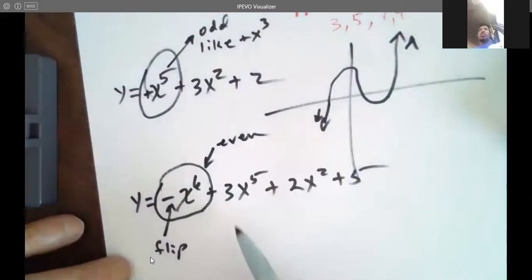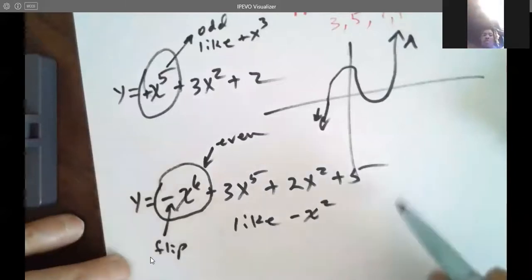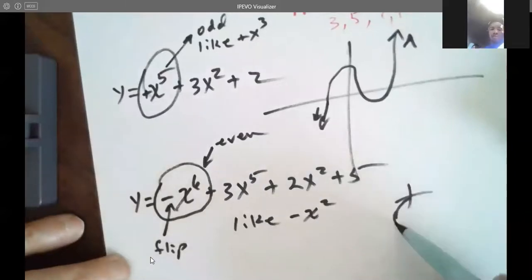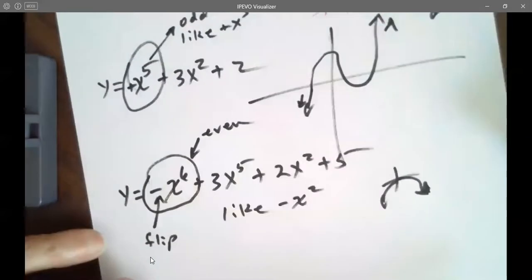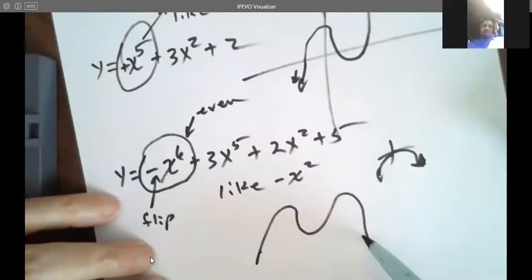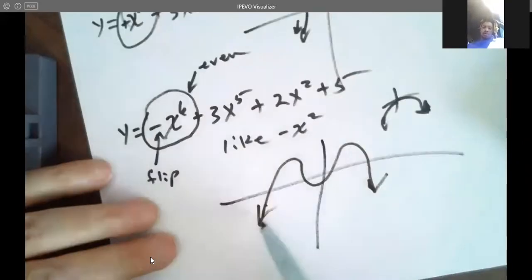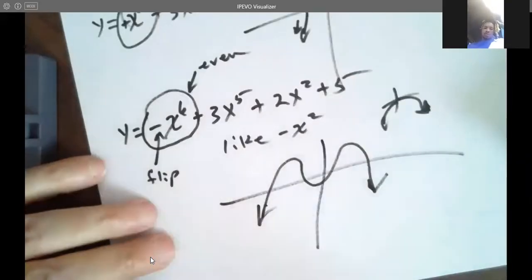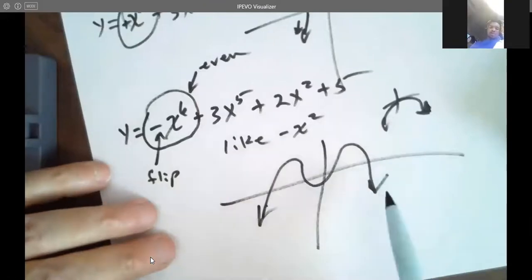So it's going to behave like a negative x squared, down left, down right. It could come up and snake around, but it's going to end up down and to the left, down to the right, like x squared does. So this is known as the end behavior.